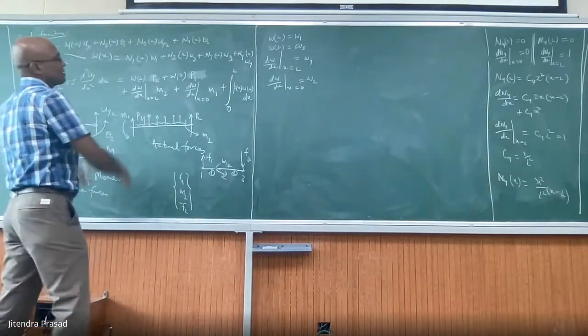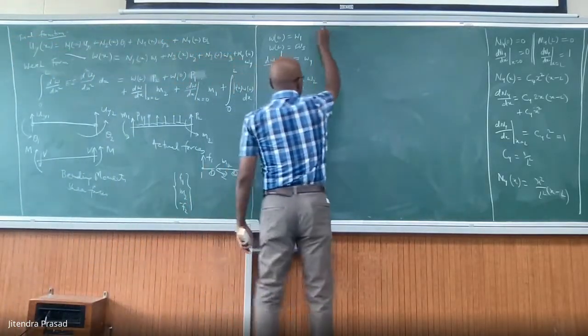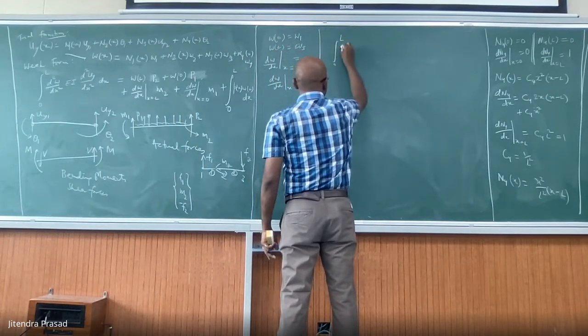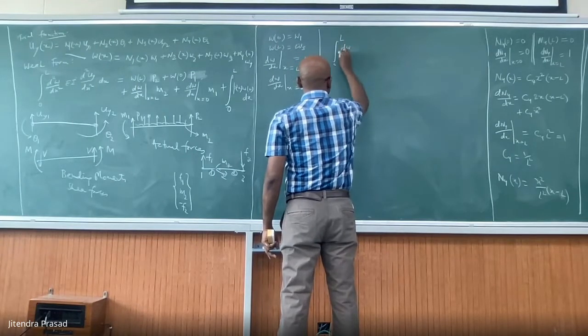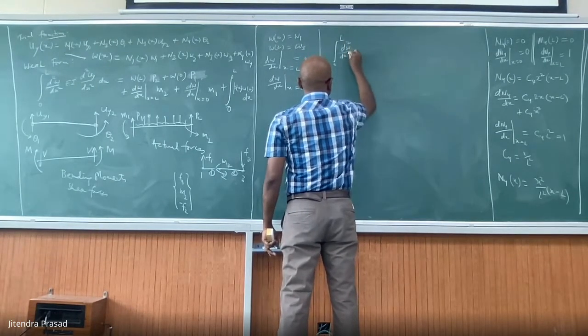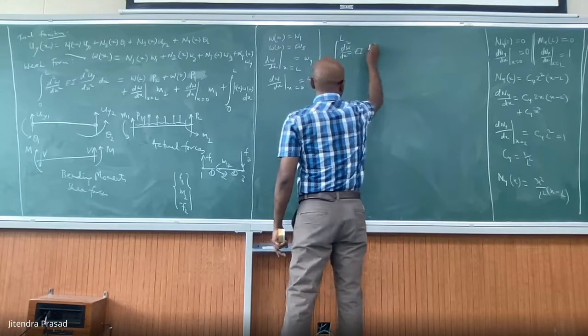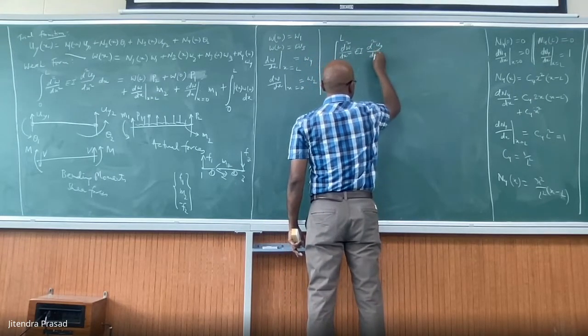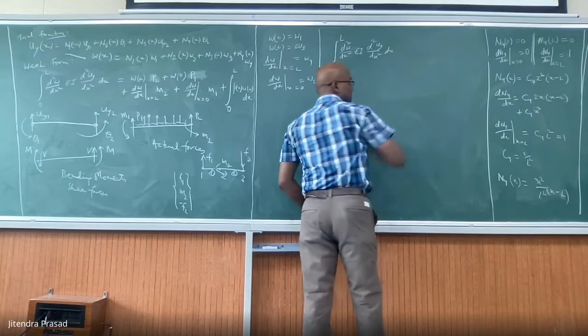Hence you can put those values here, and you can write the integral 0 to L of d square W over dx square, EI, d square W over dx square dx.